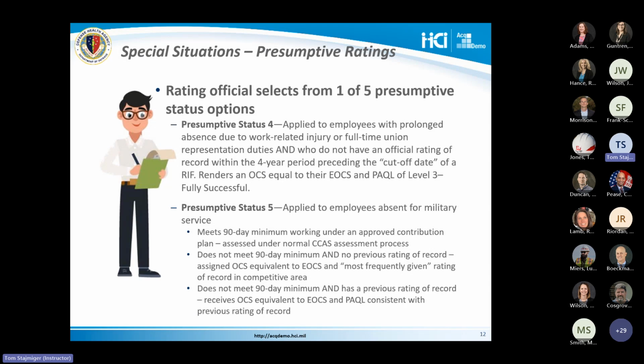The rule will generally be, except for presumptive status 1, where they don't get a rating, everyone else will get their expected score as their final rating. In future years, they usually get their expected score or last year's score, whichever one is better for them, will be the general thought around this, so that they do become eligible for awards based on your business rules.